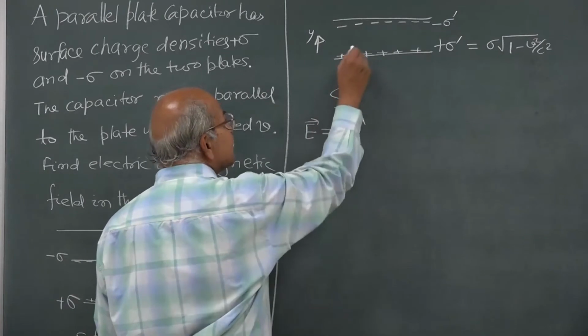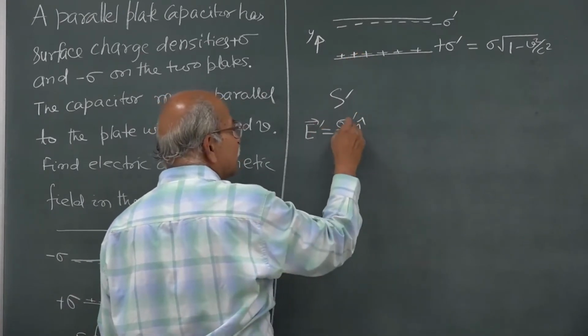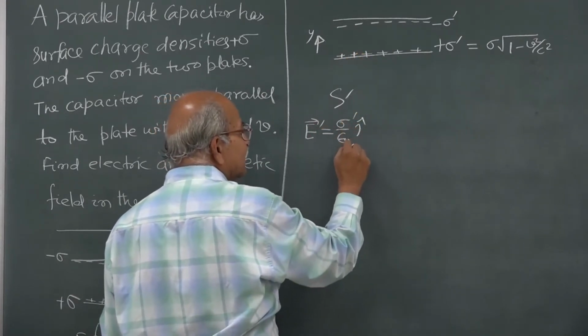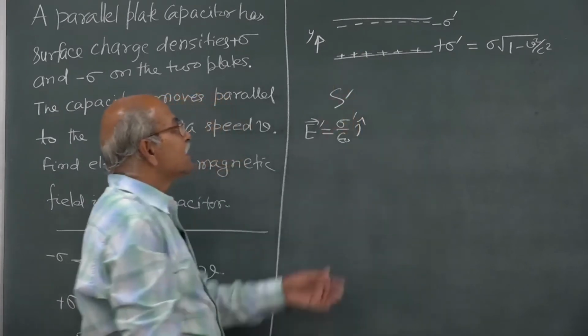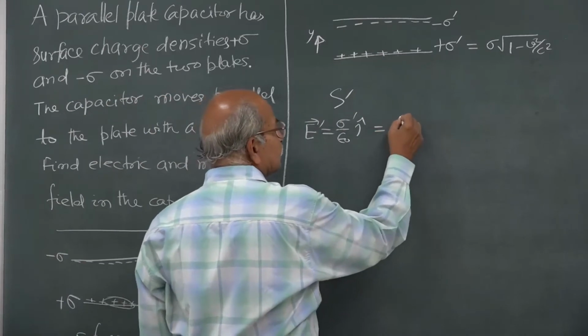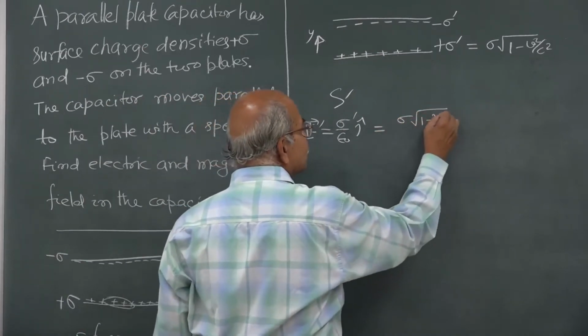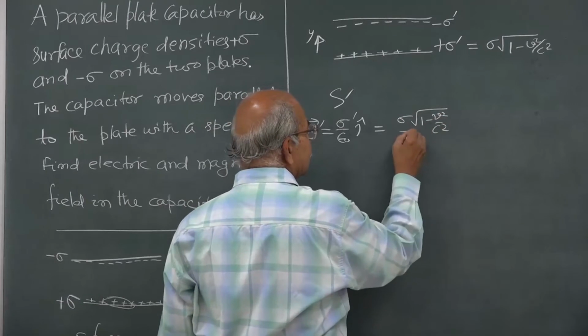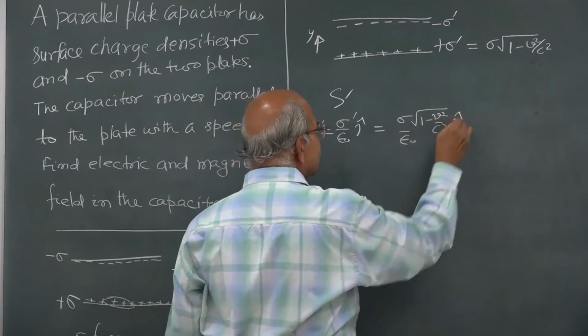So, the electric field here in S prime is sigma prime divided by epsilon naught in the j cap direction, and that is sigma square root 1 minus v square by c square, divided by epsilon naught, in the j cap direction.